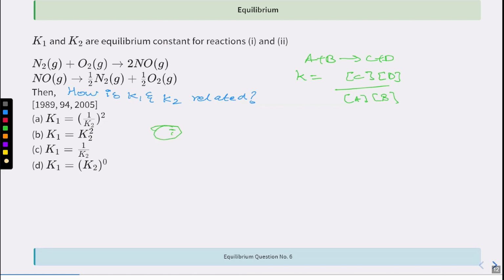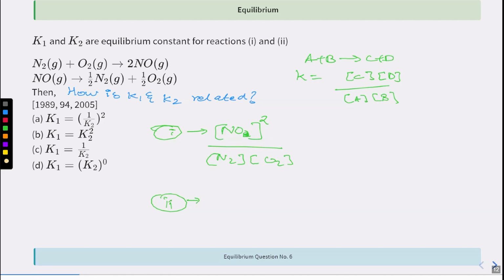For equation 1, I will have NO, and whatever is the coefficient goes as the power. And then you have N2, and then you have O2. Makes sense. Now for the other equation, let us see equation 2.